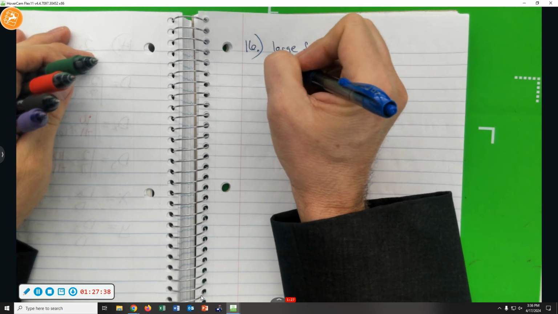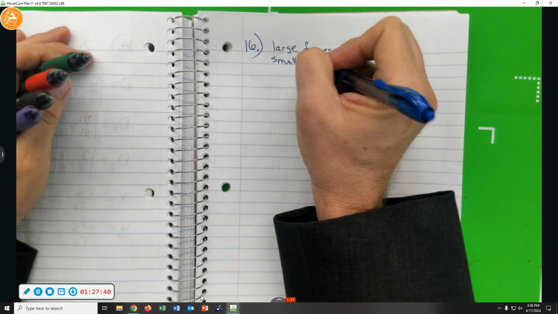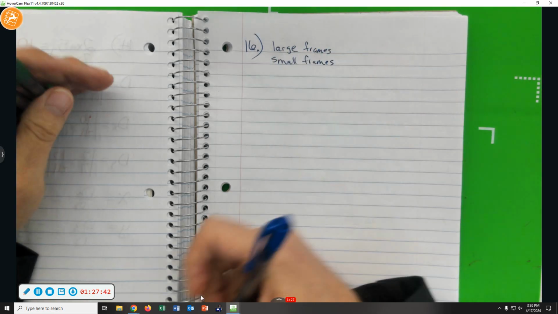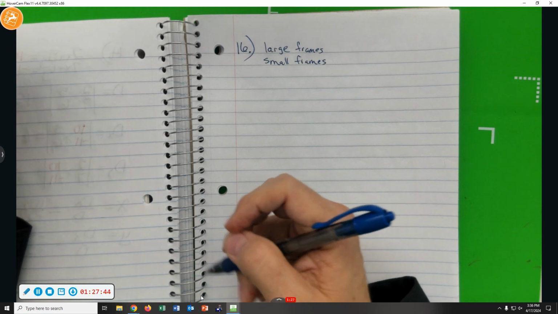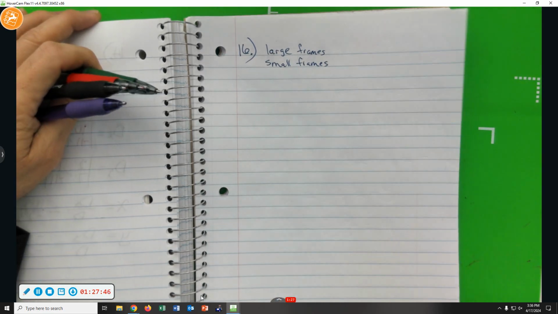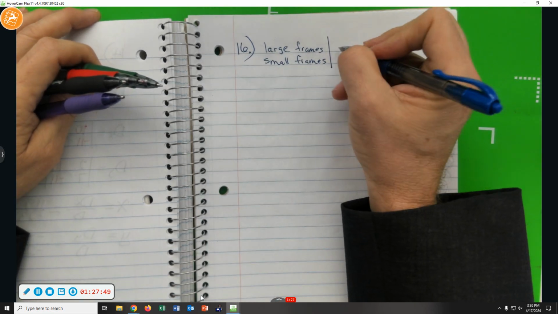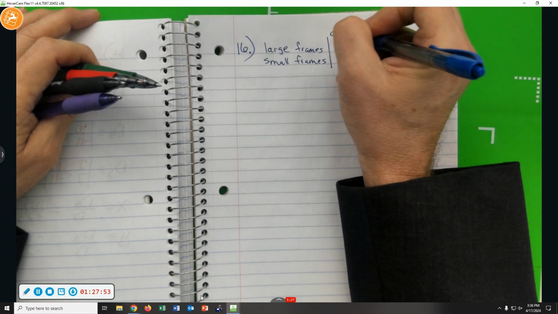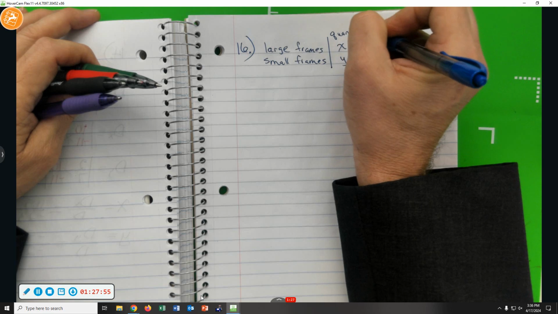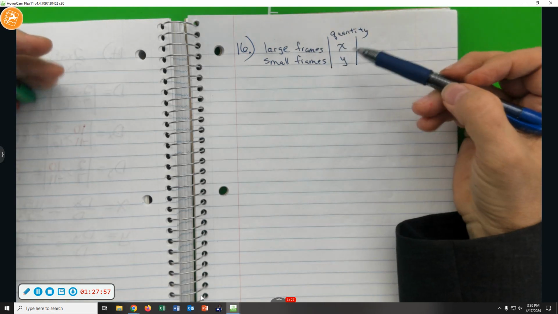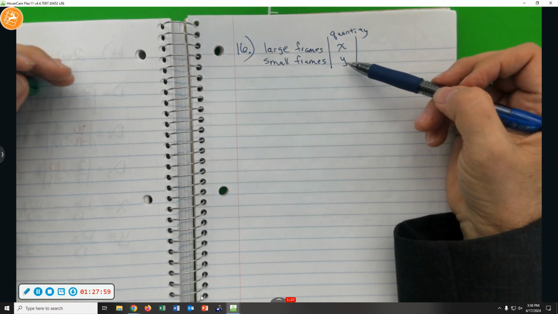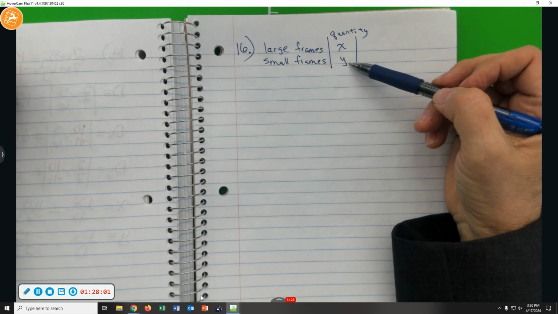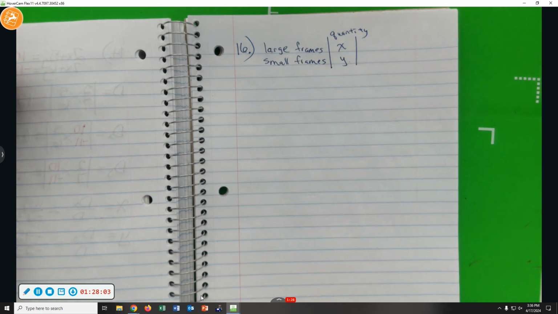So we have large frames and small frames. Since it's asking how many, the thing we don't know is the quantity. I'm going to put an X and a Y, with a little column for quantity. We don't know how many large frames she bought, so we're calling it X. We don't know how many small frames she bought, so we're calling it Y. She had to tell us more than that.